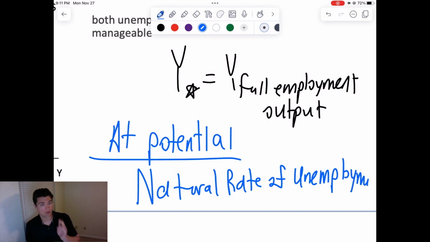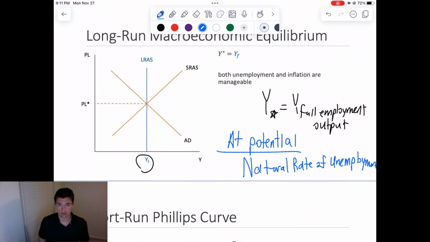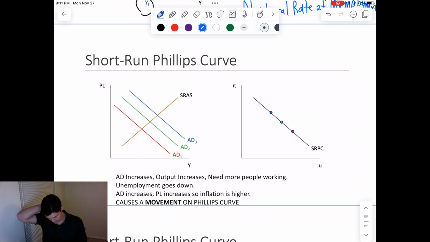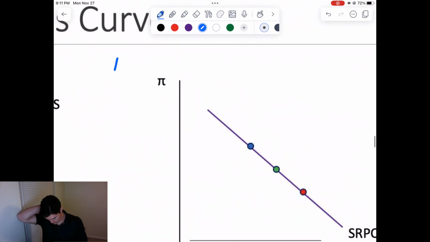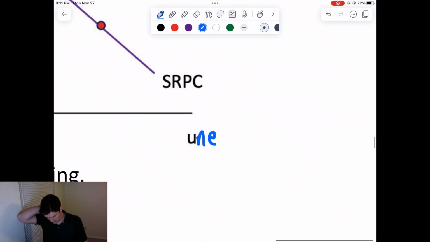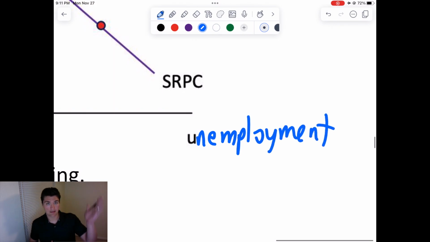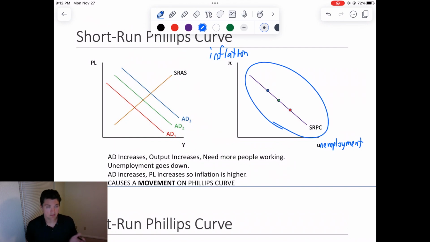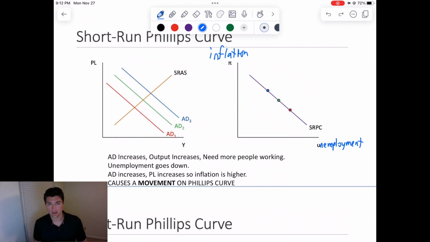And we can measure that by using the Phillips curve. All right, now the Phillips curve is measuring inflation and unemployment. And all it is is a downward sloping line, okay? And it's going to tell you what's happening in the economy, all right?